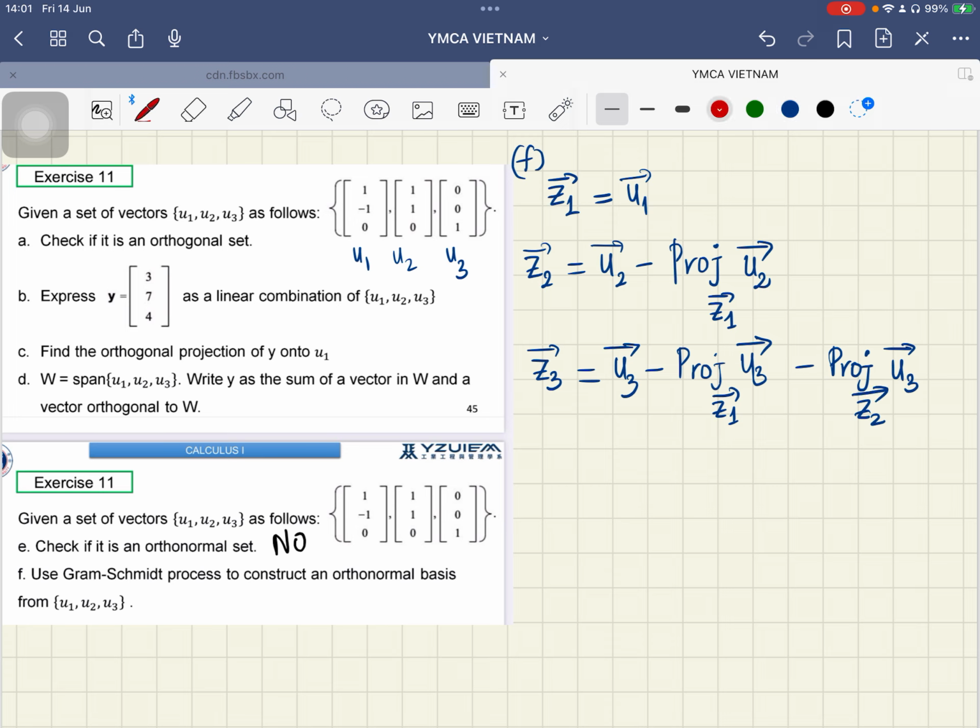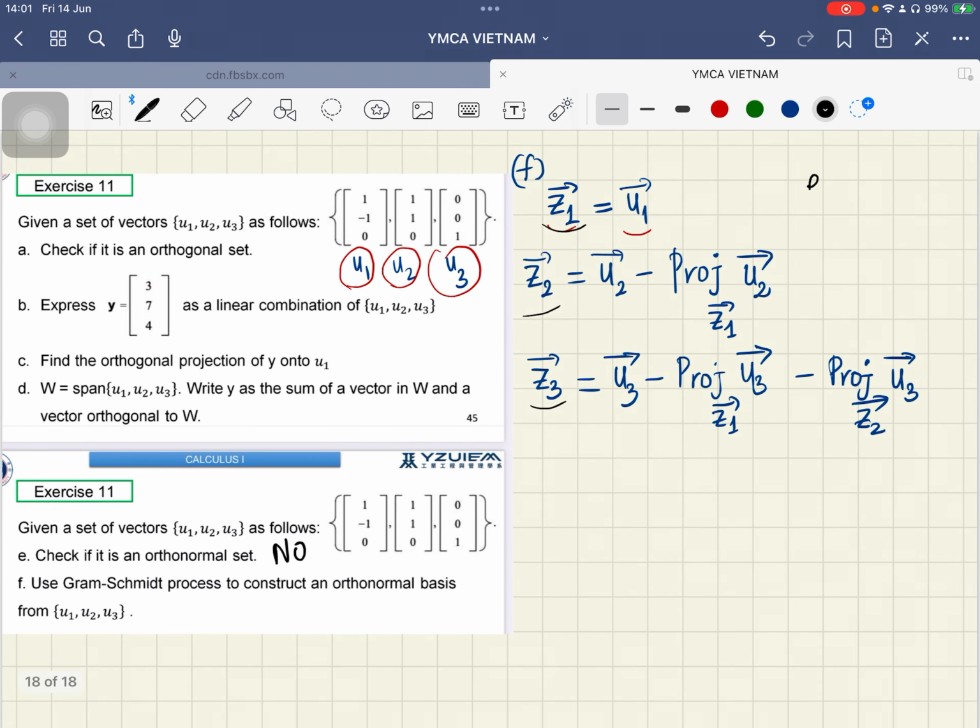In the slides, you will see that I just replaced the symbols U and V, but here it is U and Z because we have U here, so I just keep it the same. So next, when you know Z1, Z2, and Z3 already, you just need to find E1 is equal to Z1 divided by the length of Z1.